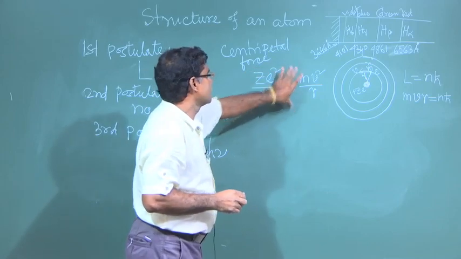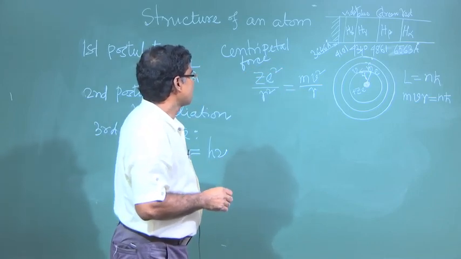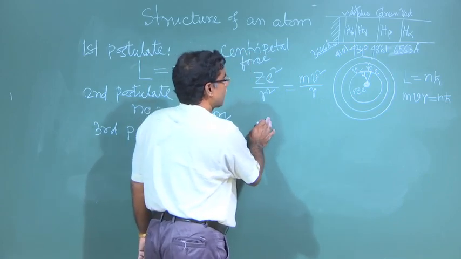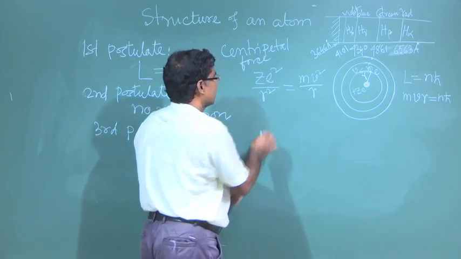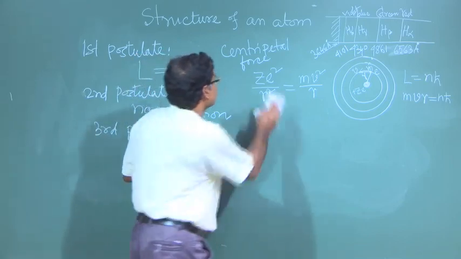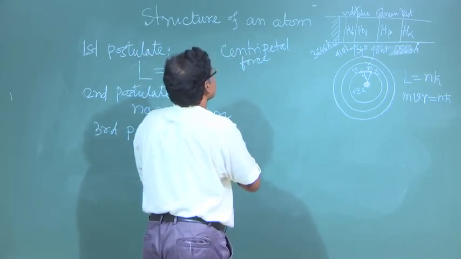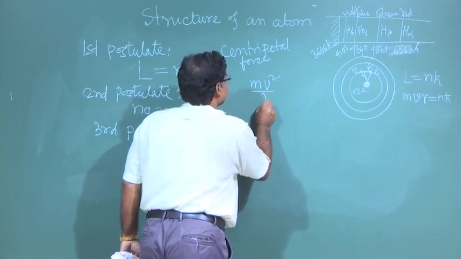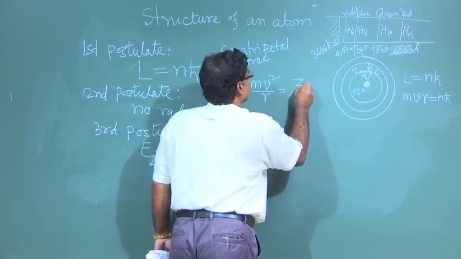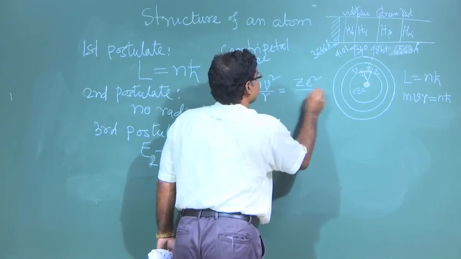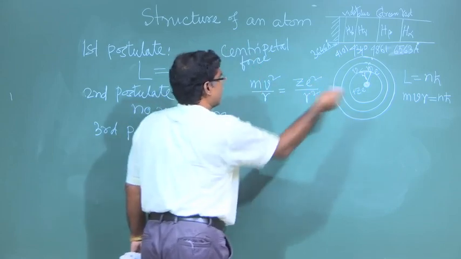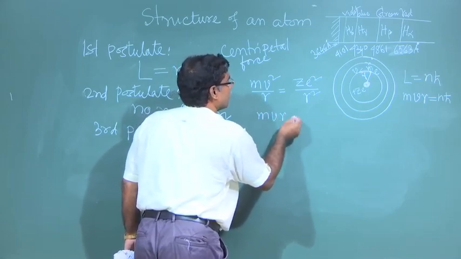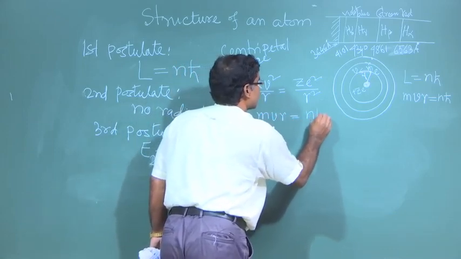So, this is one equation, and the second one we are getting from here. So, let me write this way, just in the opposite way. So, basically m v square by r equal to Z e square by r square, and the other one is mvr equal to n h cross.